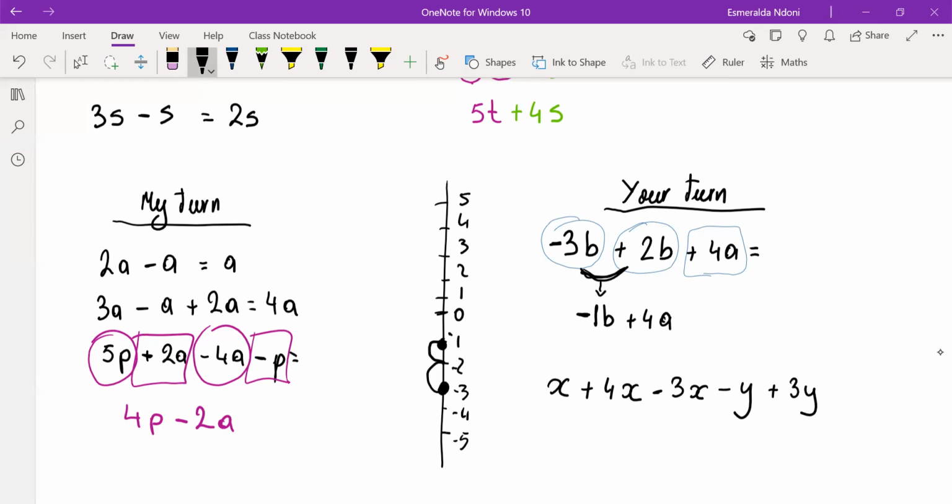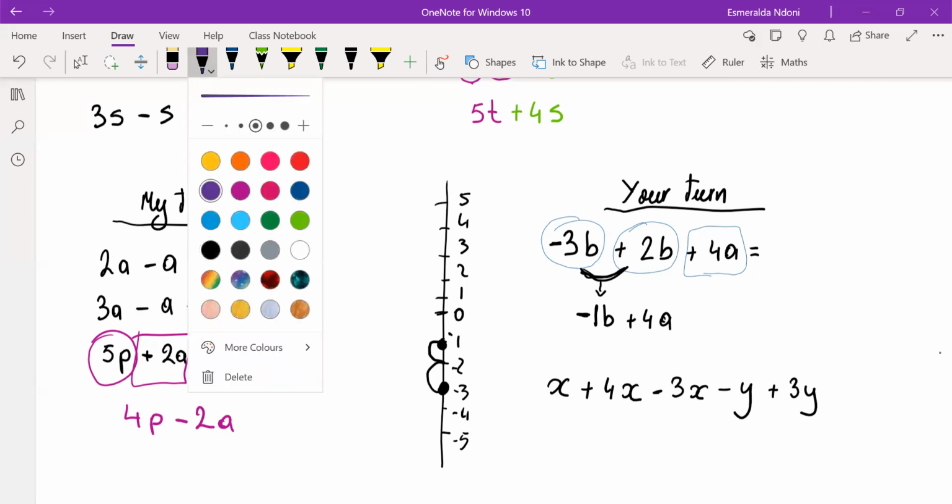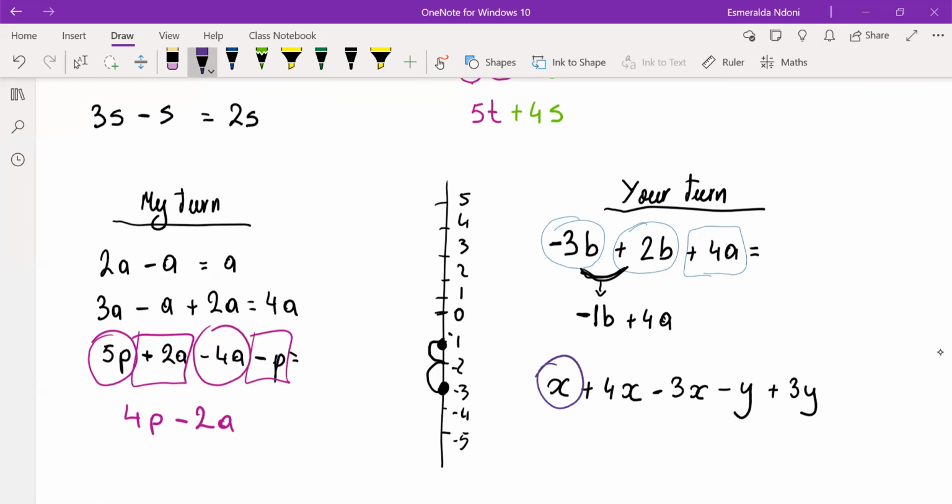Now that you're back, I am going to quickly collect like terms here, and then we see if we got the same answer. So x with x with x, and I'll have y with y. All I need to do now is use my number line. So x, I have just one of them, so I'll start here.